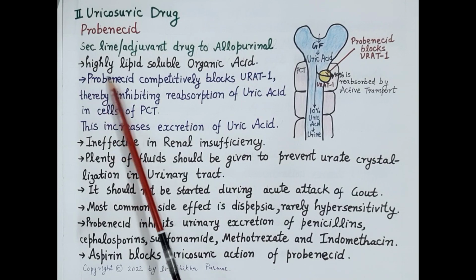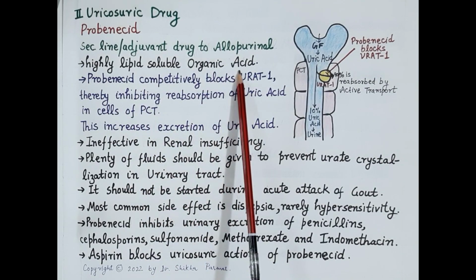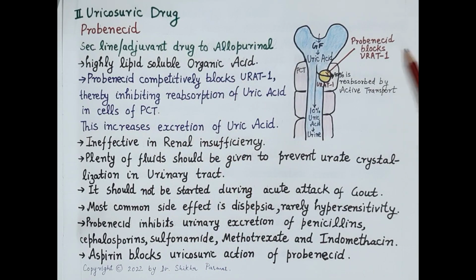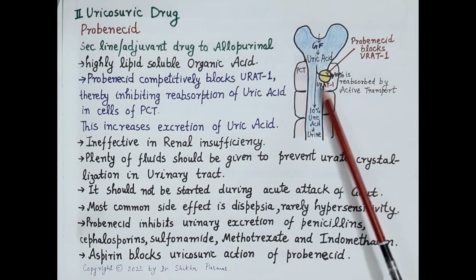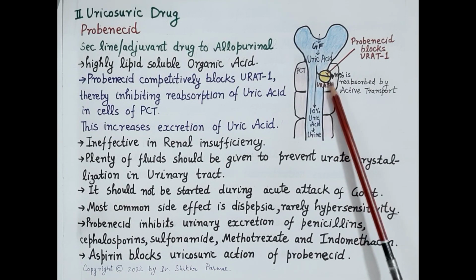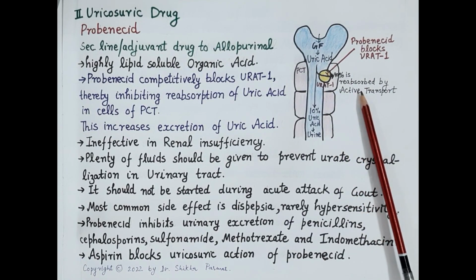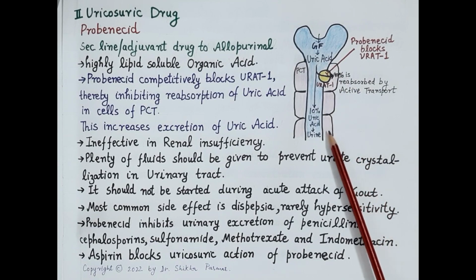Probenecid is a highly lipid soluble organic acid, and probenecid is a competitive blocker of URAT1. So probenecid blocks this transporter, thereby blocking the reabsorption of uric acid in the cells of the proximal convoluted tubule.